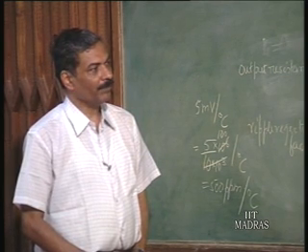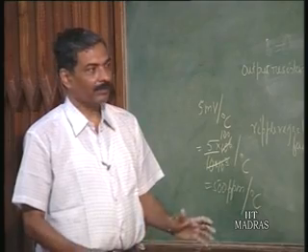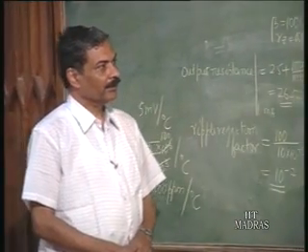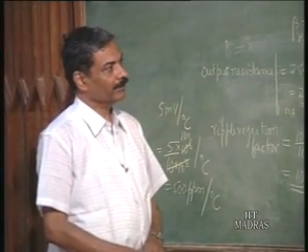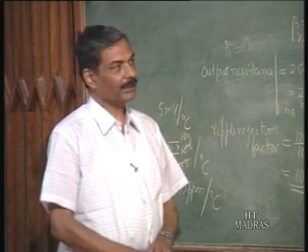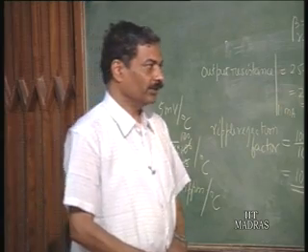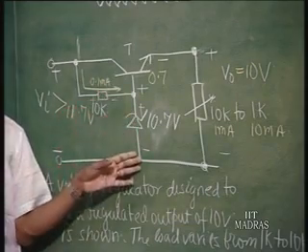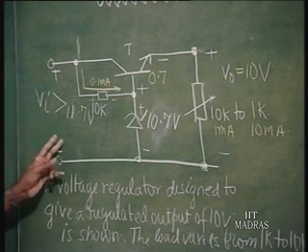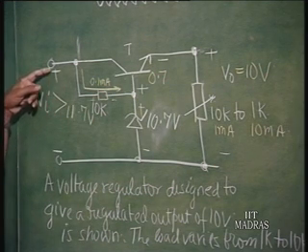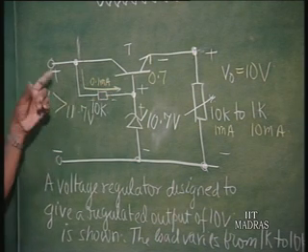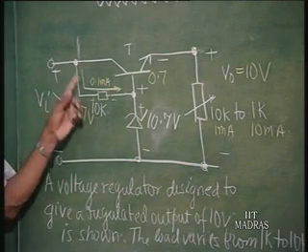So, all the performance factors are available with us. Okay. As far as regulation characteristic is concerned, you can get this also from a knowledge about the Zener characteristics and the diode characteristics. You should know how much the Zener voltage is going to change as the current is going to change, okay, because of Vi changing. So, Vi, let us say, changes from 11.7, which means current is about 0.1 milliamperes, to 20 volts, which means current will be 1 milliampere.